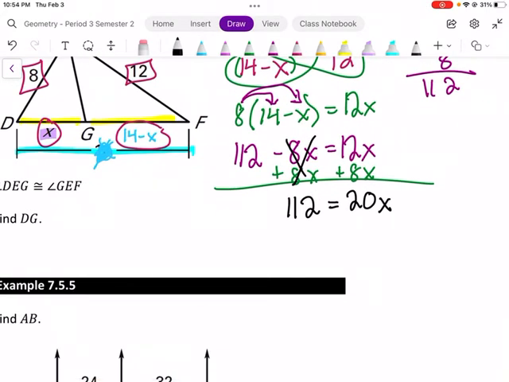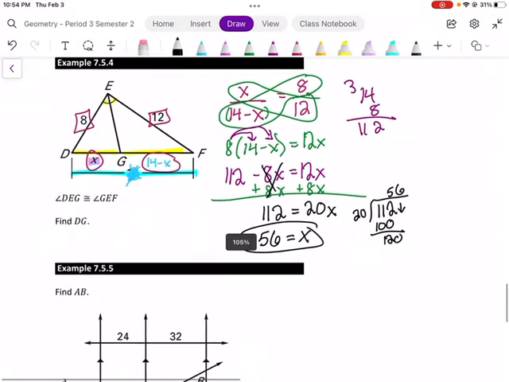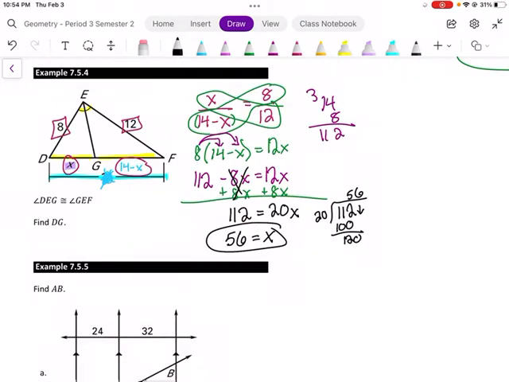And then we will divide by 20. And we will get 5.6 equals x. That would be our final answer.